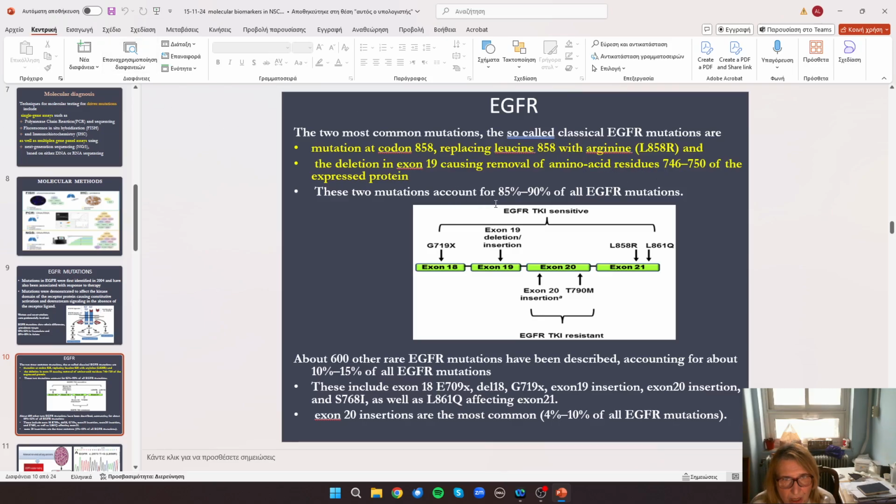These two mutations account for 80% to 90% of all EGFR mutations. About 10% are rare mutations concerning exon 18, exon 19, and exon 20. Exon 20 insertions are the most common among them.